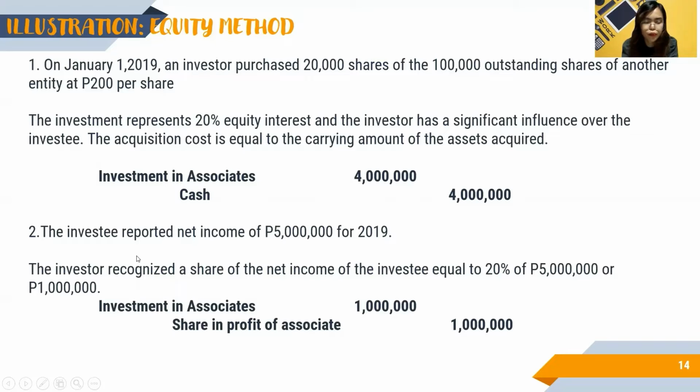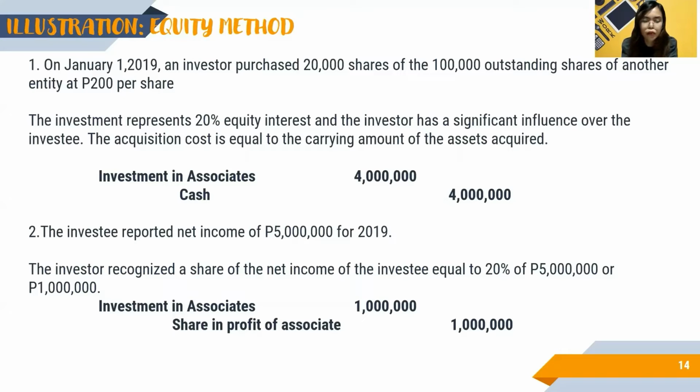So, number 2, the investee reported net income of 5 million for 2019. The investor recognized a share of net income of the investee equal to 20% of 5 million or 1 million.